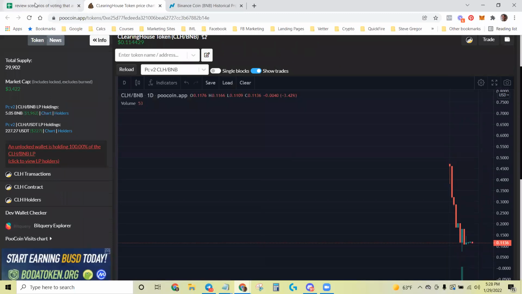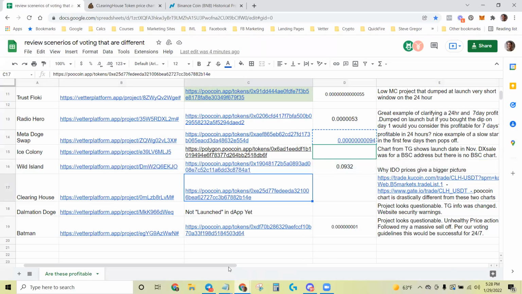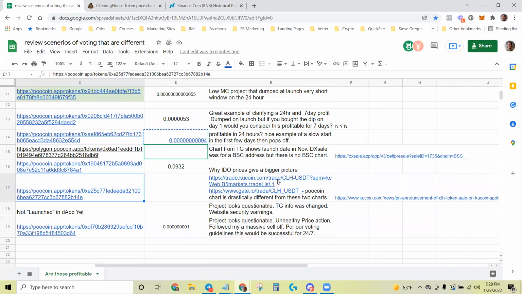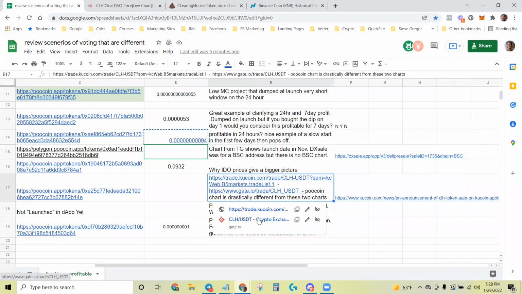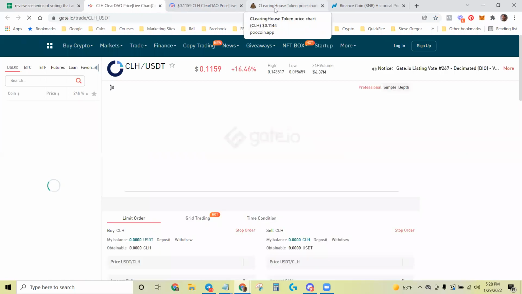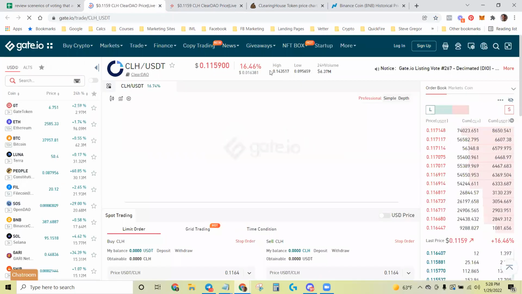However, there's also KuCoin and Gate.io. And I'm just wondering, how do we determine whether a project is successful with different information?